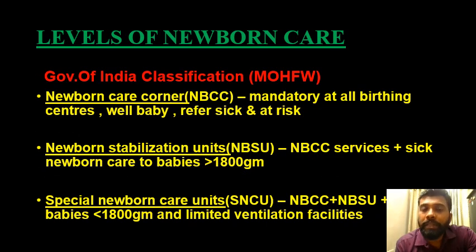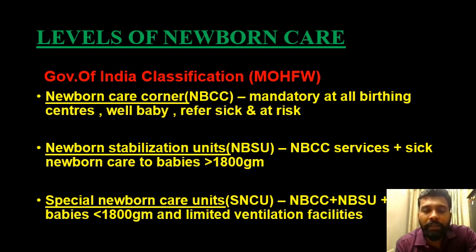And then coming to our Indian scenario, there has been a classification put forward by the Ministry of Health and Family Welfare, ideally from 2015 onwards. First basic unit is the newborn care corner, which is mandatory at all birthing centers, where a well baby is cared for, and sick and at-risk newborns are referred.